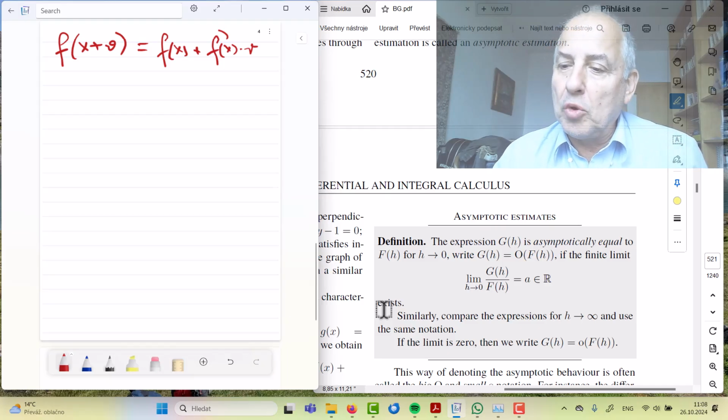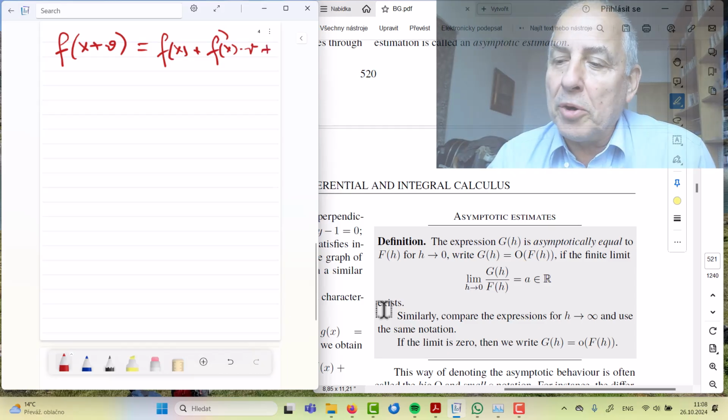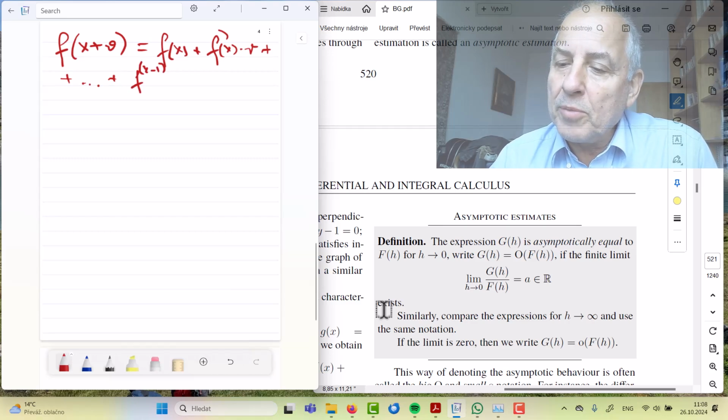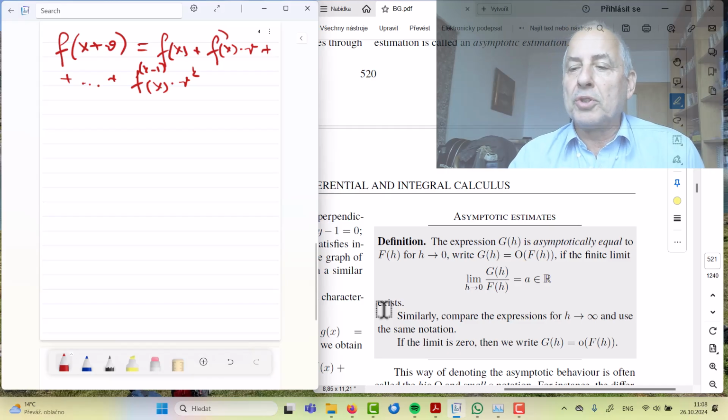Therefore the derivative looks like a number, and this goes on until the (k minus 1)-th derivative of f at x, multiplied by v to the k minus 1, because if it's a k-linear form, it must be only a constant multiple times the k-th power of v.